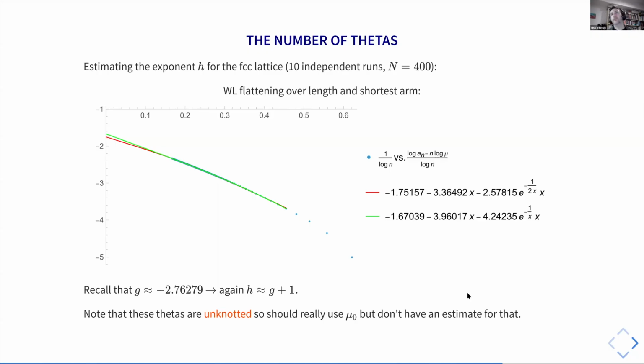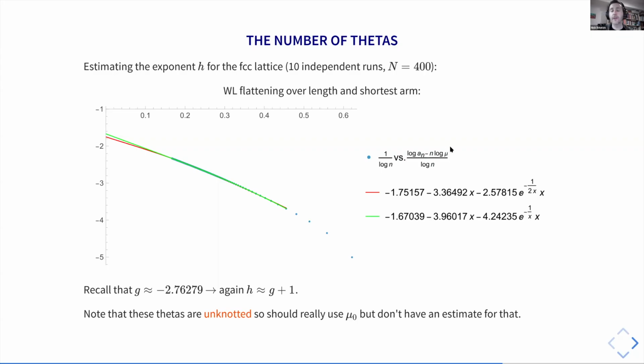Should be mindful, of course, that what I'm sampling here are unknotted thetas. So I could also be sampling thetas where maybe one of the arms has a trefoil knot in it. I'm not doing that here. All the arms are individually unknotted. Technically, that means that I'm using the wrong growth rate.